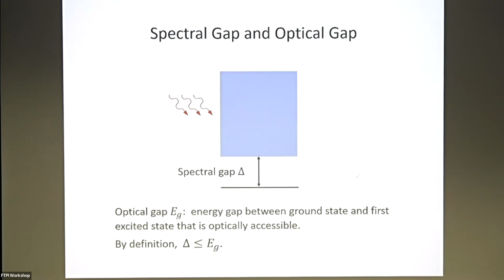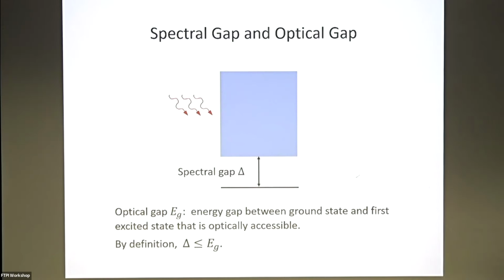So it's easy to see by definition that the optical gap must be equal to or larger than the spectral gap. And therefore, if we can find an upper bound on the optical gap, it will also be an upper bound on the spectral gap.